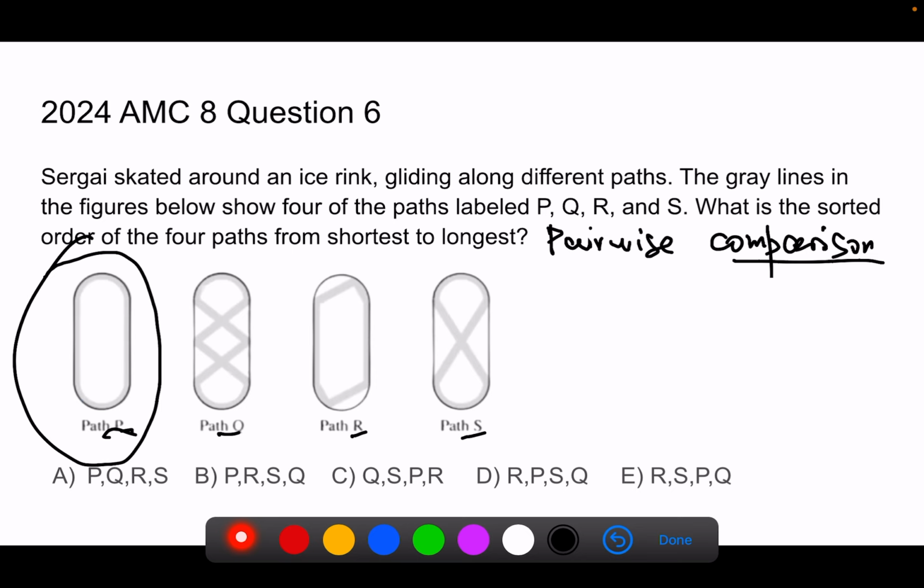All right, let's look at path P versus path Q. If you look at P and Q, you will find the circle part is common. So what you are trying to compare here is two straight lines versus this zigzagging.